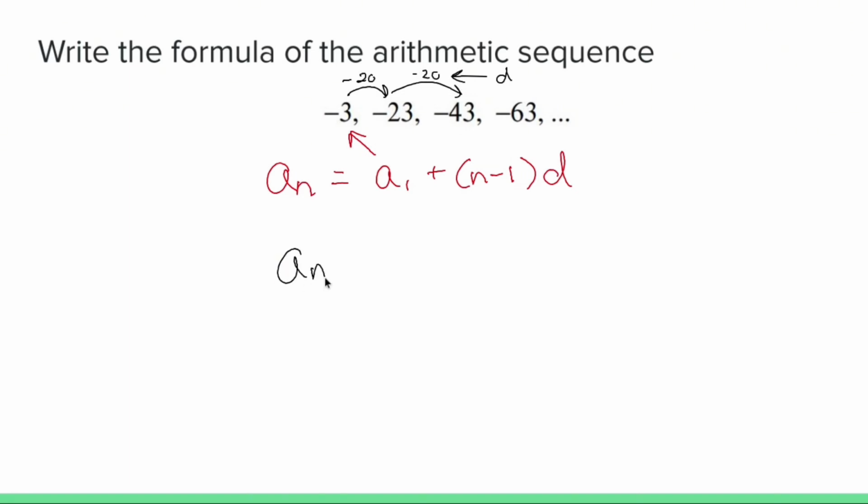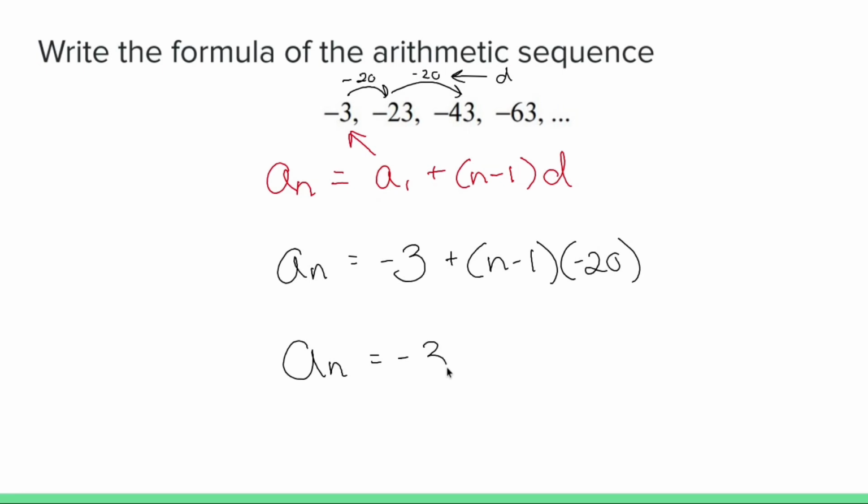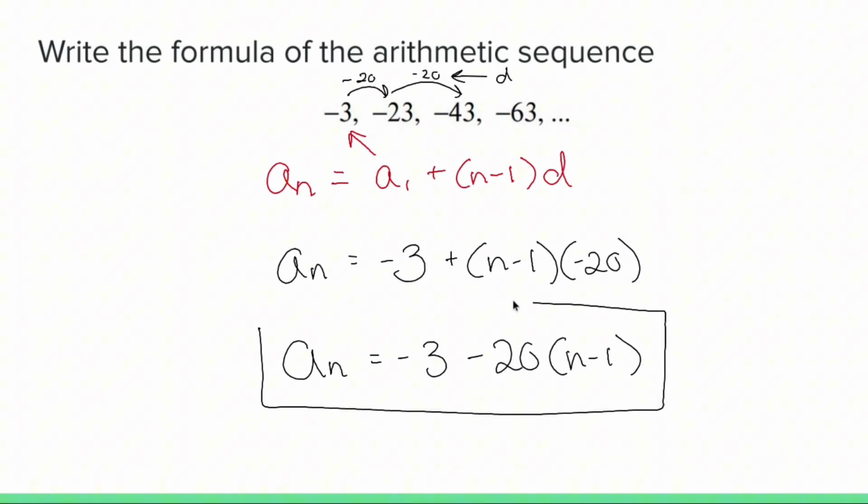So a sub n is going to equal our first term, which is -3, plus n minus 1 times the common difference, which is -20. Looks kind of sloppy, so maybe some teachers might want you to write that -20 out in front, so we'll do that. -3 minus 20 times the quantity n minus 1. Either of those formulas are good. This one just looks a little bit better.